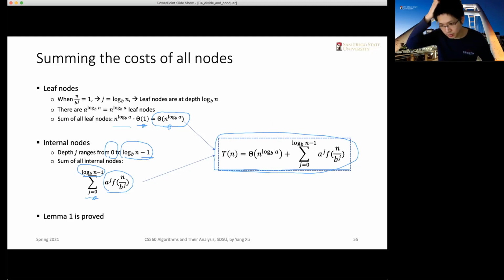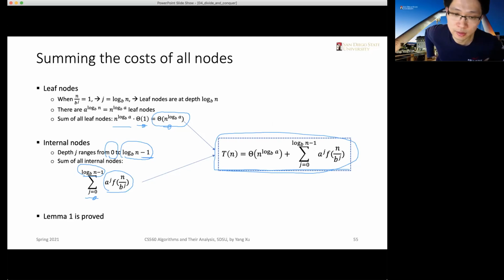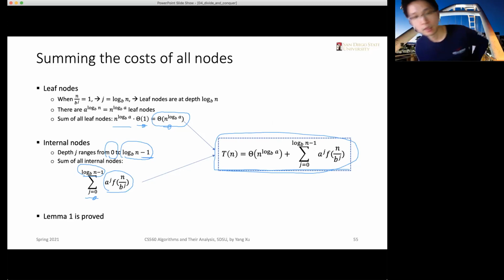We have abstract values like a and n, and we want to solve them with some mathematical expressions, and we did it. T of n looks like big theta of this polynomial function plus this summation of some complex terms. So the next step is to deal with this complex term.